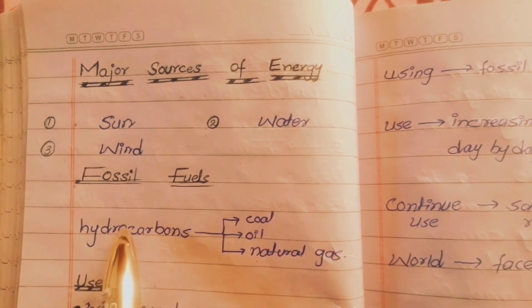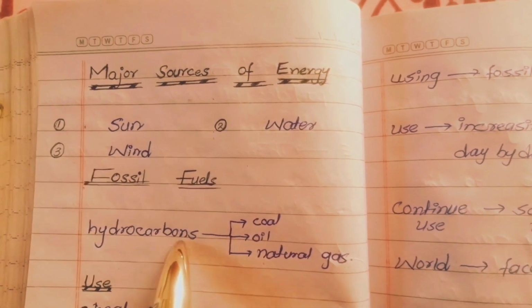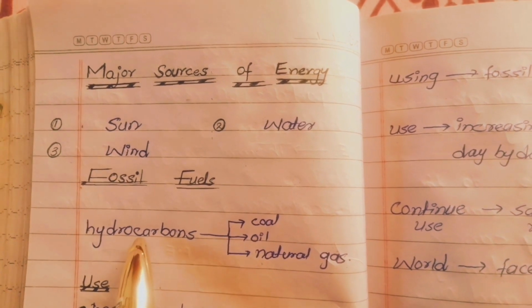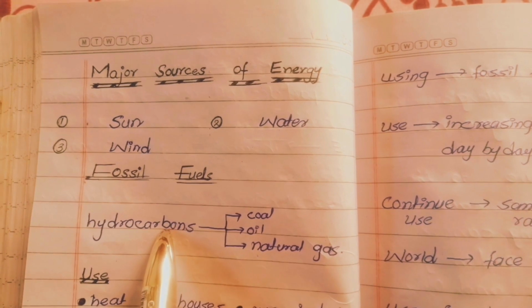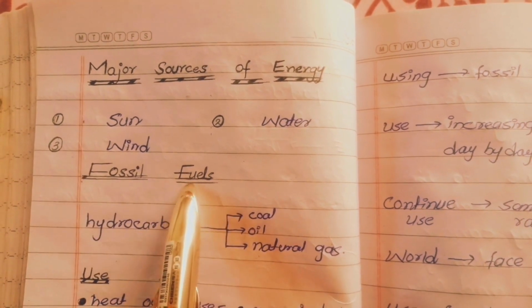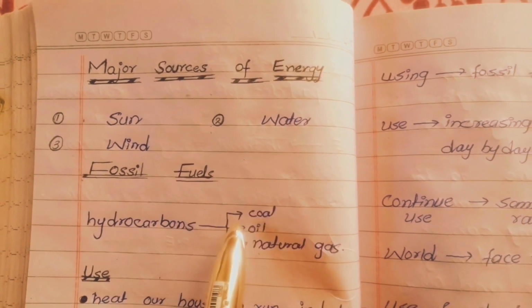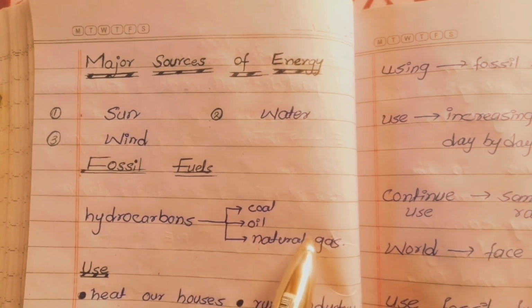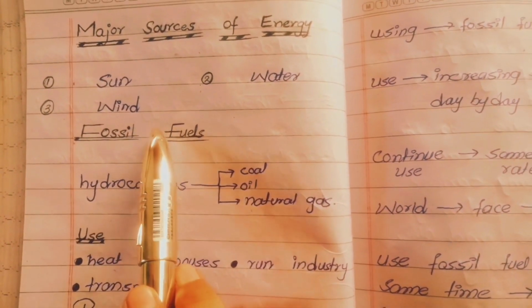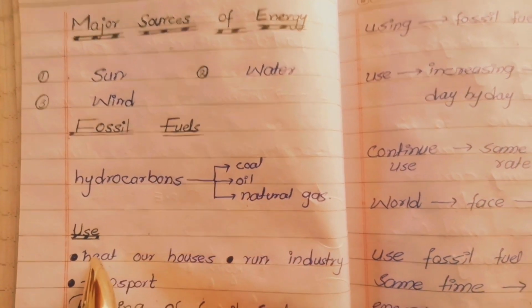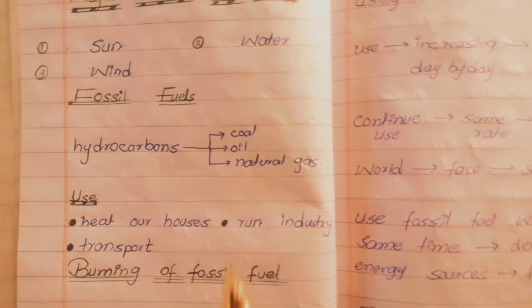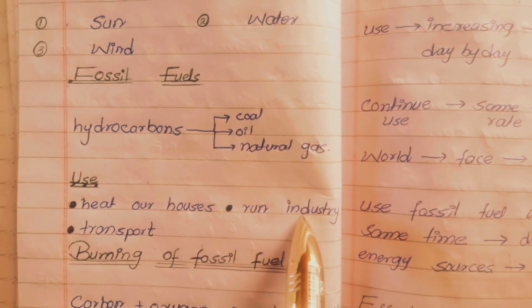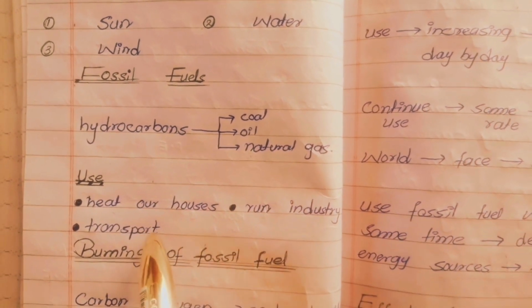Fossil fuels are the hydrocarbons, the compounds which are made up of hydrogen and carbon. These fossil fuels are coal, oil, and natural gas. These fossil fuels are used to heat our houses, to run industries, and transport.